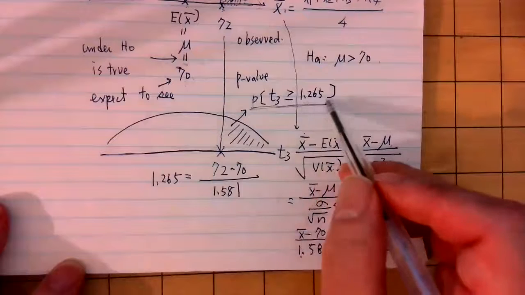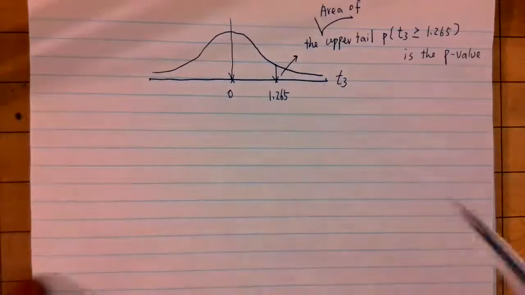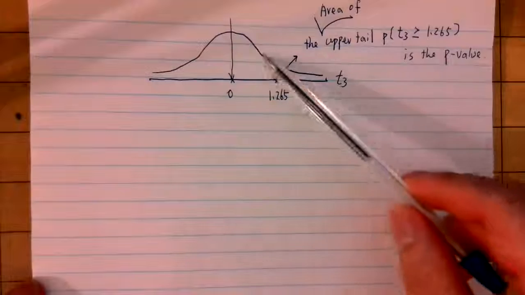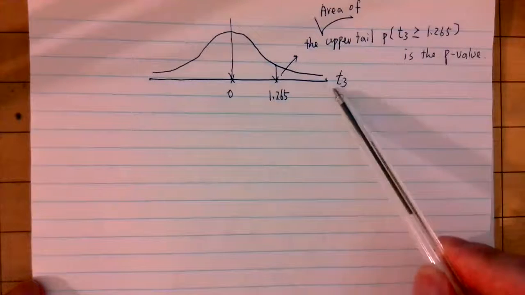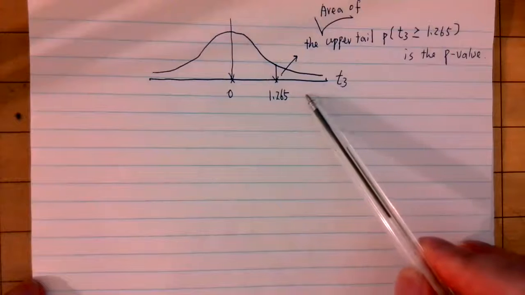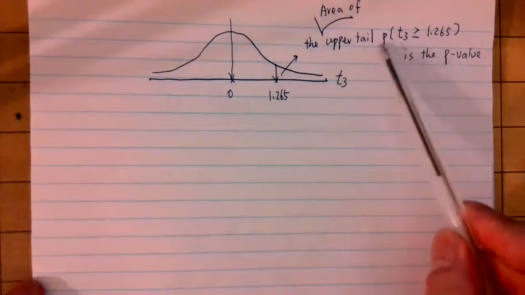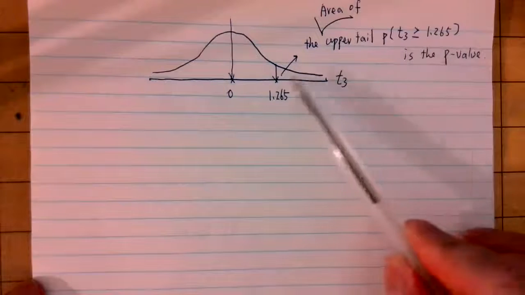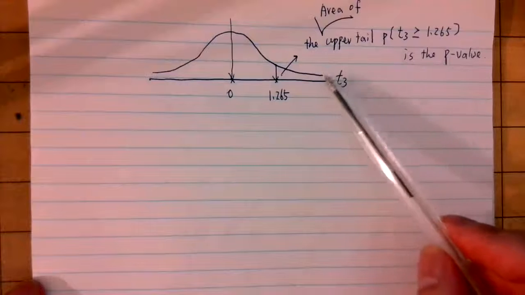The t distribution, just like a normal distribution, is bell-shaped, center is 0, but the t distribution has fatter tails. Look at the upper tail: T3 greater or equal to 1.265. The size of this upper tail is the p-value.